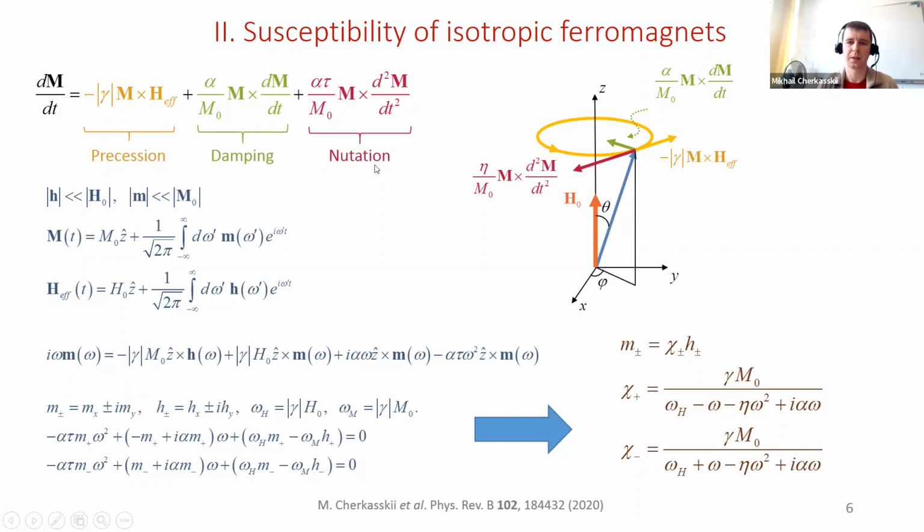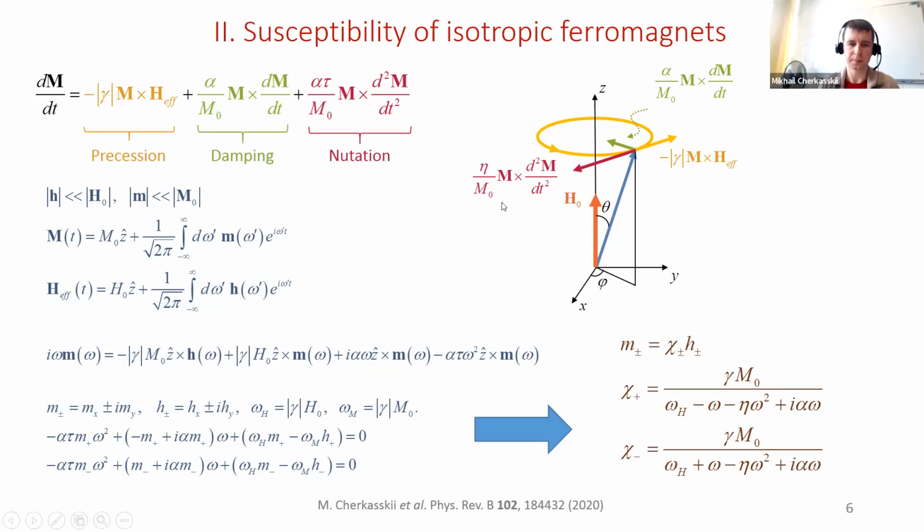And the last vector is the inertial vector, which has a notable component opposite to the precession, and it leads to nutation motion. Here one can see that this term can reduce the frequency of the precession or ferromagnetic resonance. In addition, the presence of this additional torque yields the nutation resonance.